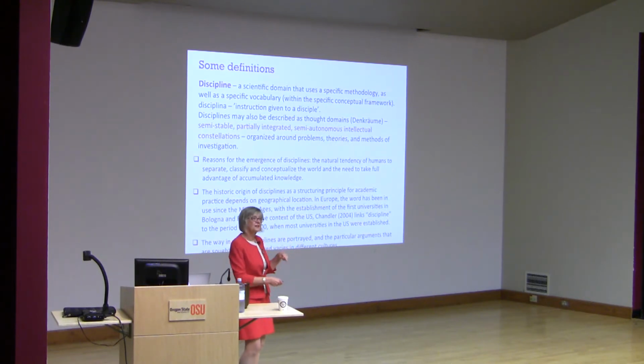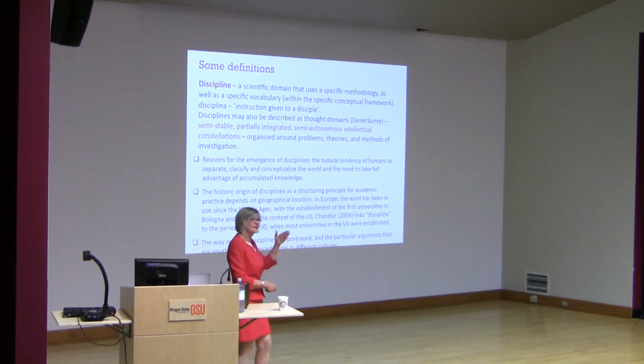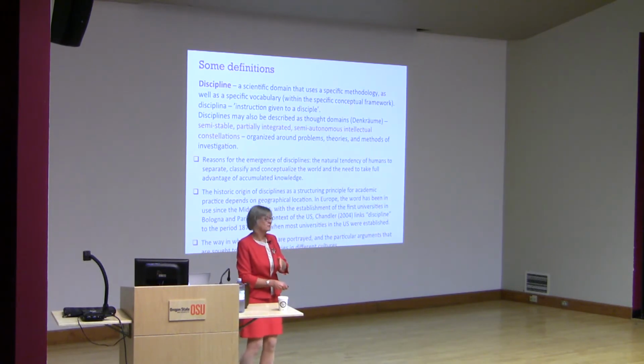Interesting, when I looked through the literature, in the US, the discipline term only gets attributed to the period 1870 to 1900, much, much later. But coincidentally, this is also the time when most of the universities in the US were established.